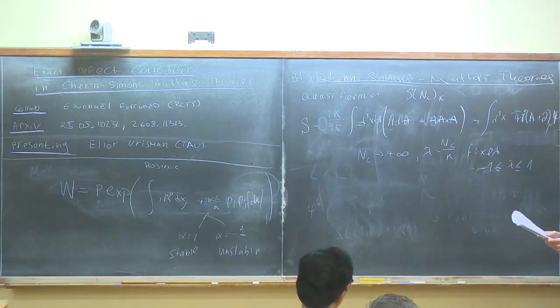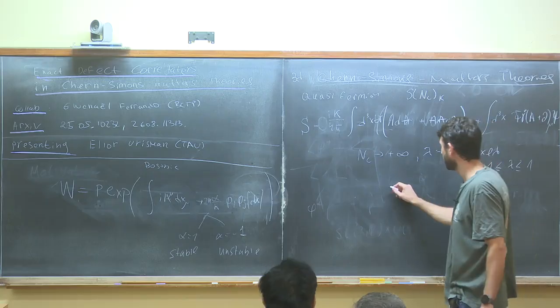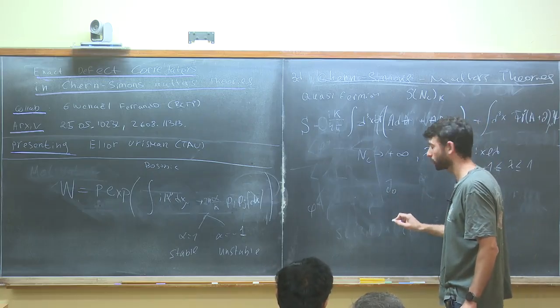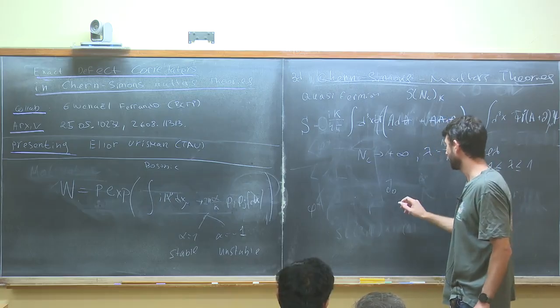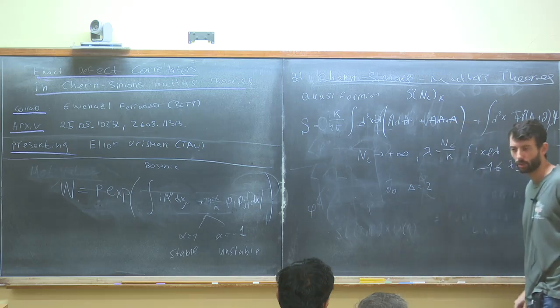So this is the action you can write, and if you study this theory, you would find the following spectrum in the large n limit. You have a dimension 2 scalar. We call it J0.